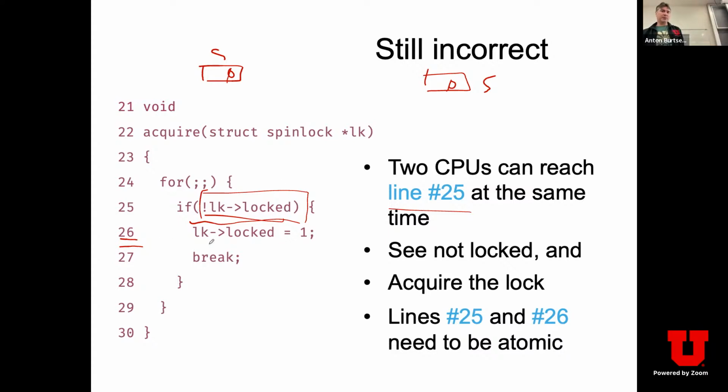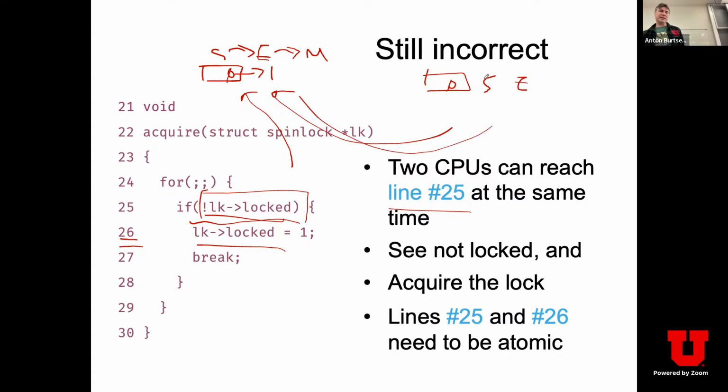At this point one of them tries to write it. That one will win the race, upgrade from shared to exclusive, write 1 here, and upgrade to modified. The second CPU will get this cache line in the exclusive state and also write 1 here, and then both enter the critical section. Agree? So clearly, this is not the right way to build a lock.